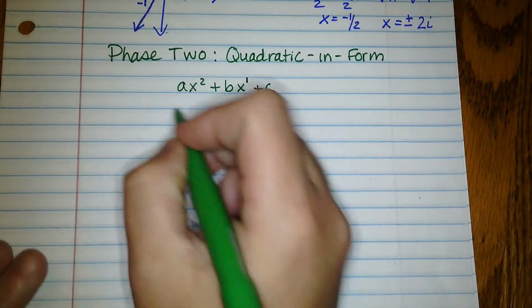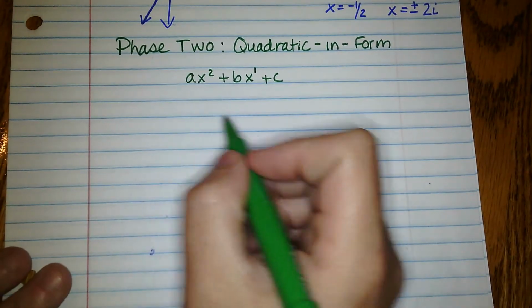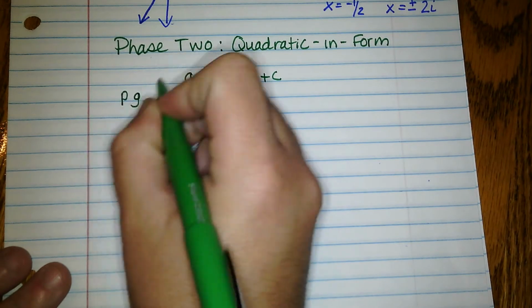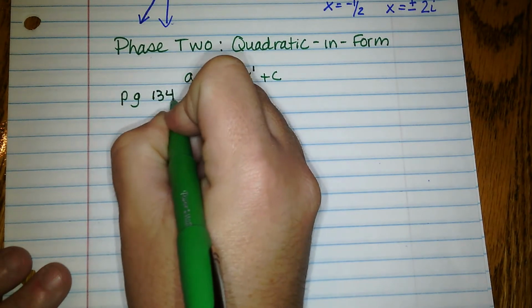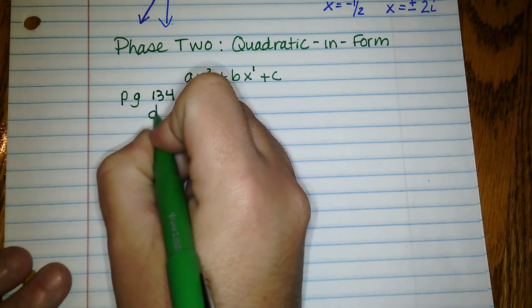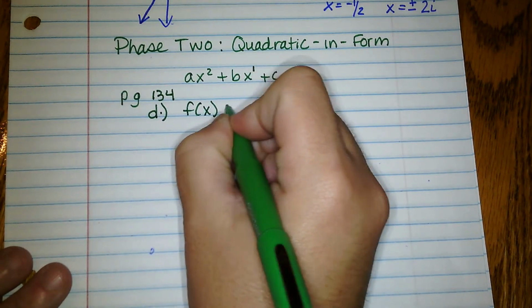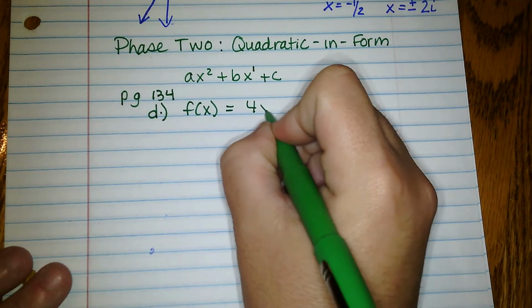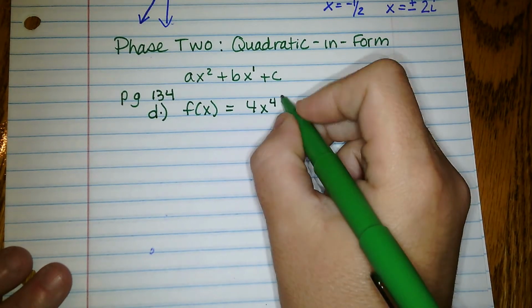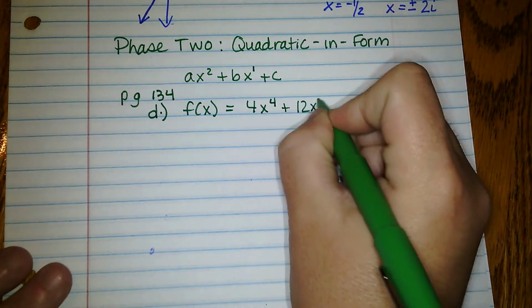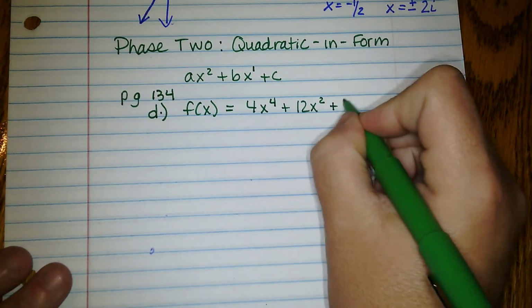So the first quadratic in form I want to show you is on page 134, and it's letter D. And it says f of x equals 4x to the fourth plus 12x squared plus 8.